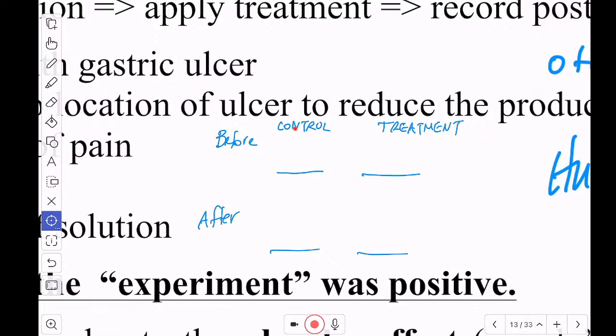So you have just as many people in the control group as you do in the treatment group who feel a moderate level of pain. And you have just as many people in the control group as the treatment group who experience a severe level of pain.